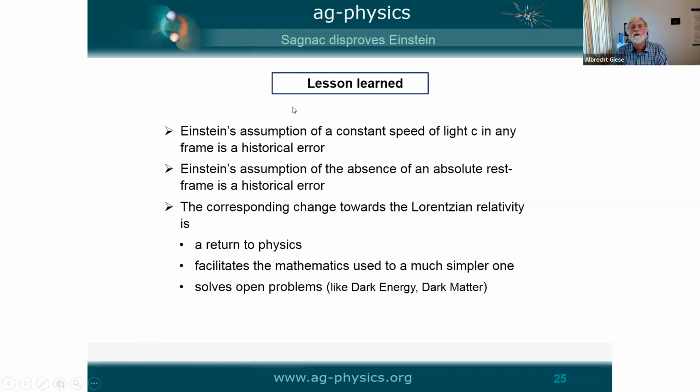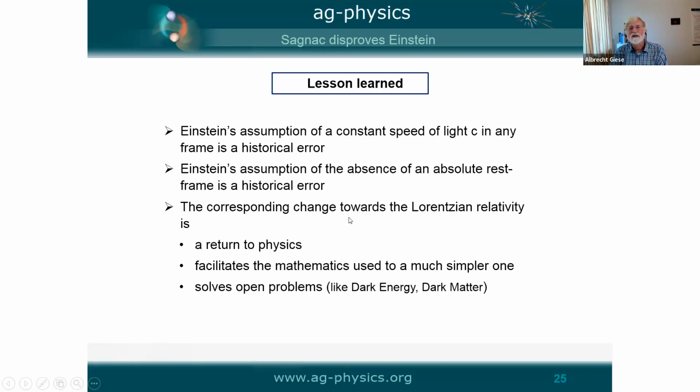Okay, so what is our lesson? What is the conclusion from these things which I've shown you? Einstein's assumption of the constant speed of light in any frame is a historical error. He does it with his way of synchronization, one could say. And that is circular reasoning. Einstein's assumption of the absence of an absolute rest frame is also a historical error, and both hang together, logically connected.